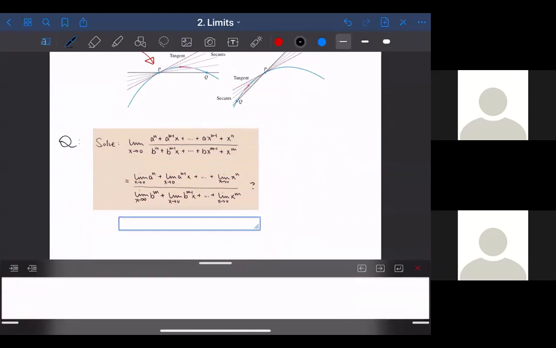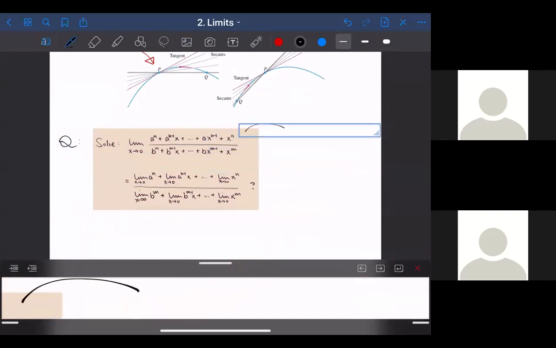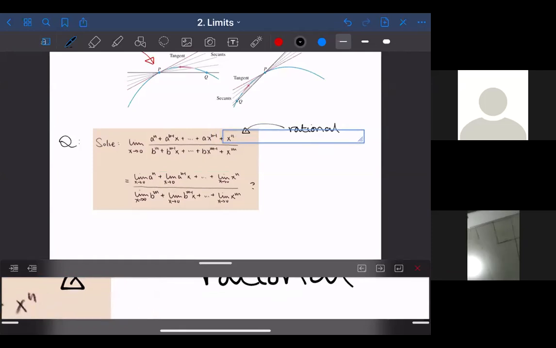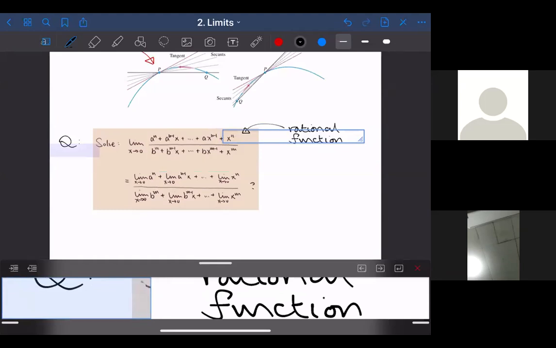Is the limit of a ratio of two polynomials, otherwise known as a rational function, as x goes to 0 the same as the limit of all the terms?